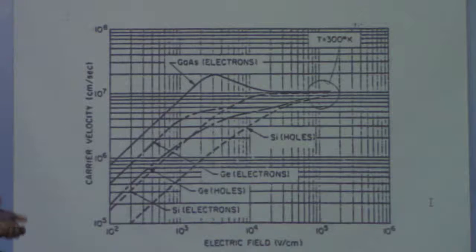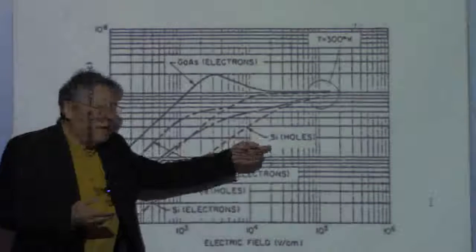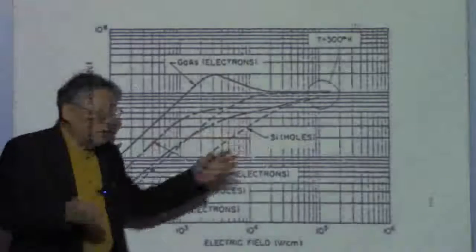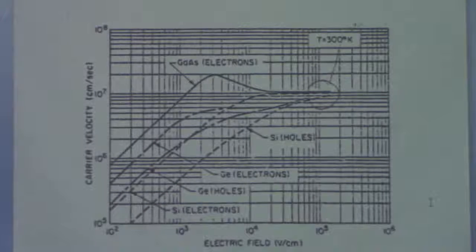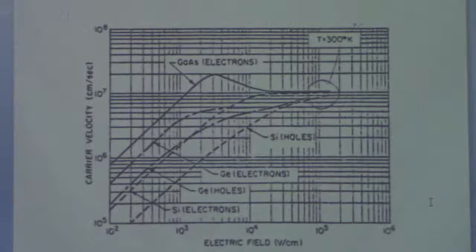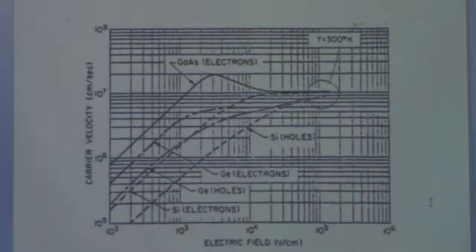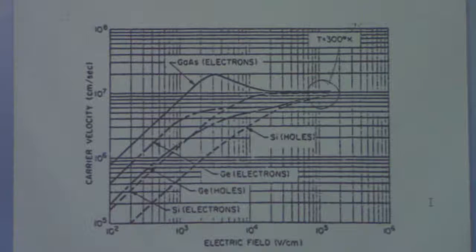And then at high electric fields, we begin to see that the holes are more beneficial than electrons because the holes are going to saturate later, at higher voltages, than the electrons. And once it is saturated, the velocity is going to be the same. So in MOS the mobility of holes is not much different from the mobility of electrons.